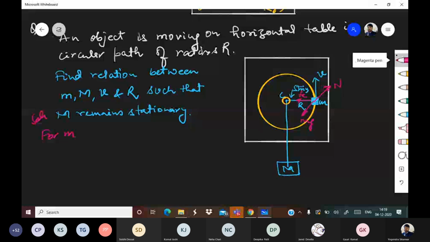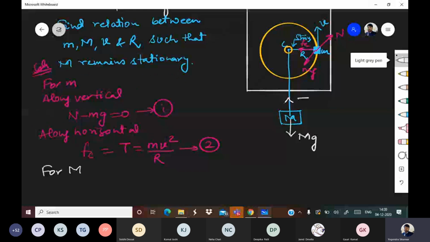Now for capital M, mg is acting downward, T is acting upward. So capital T minus Mg is equal to 0, and that is equation number 3.